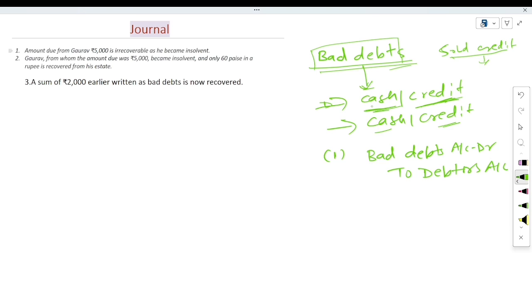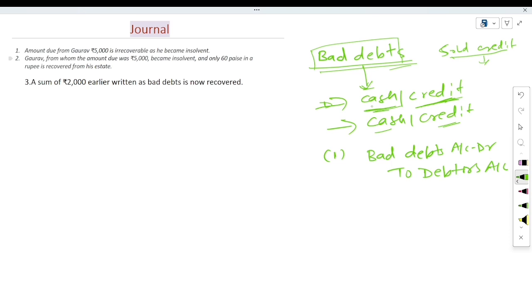In the second transaction, Gaurav, from whom the amount due was rupees 5000, became insolvent and only 60 paisa in a rupee is recovered from his estate. 60 paisa in a rupee means you are recovering 60% of the dues amount and the remaining 40% of the dues amount will be bad debts.